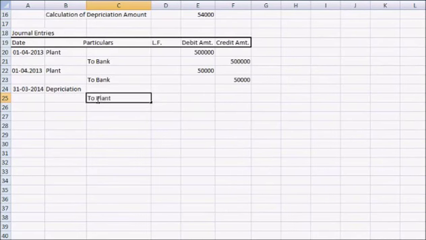Now you can understand the reason: depreciation is a part of expense, so that should be debited, and you can understand it otherwise also, because of depreciation the value of the plant decreases, and as the value of the asset decreases, there should be a credit in the plant account. So in either way the entry would be depreciation to plant, and the amount, which we have already calculated, is 54,000.